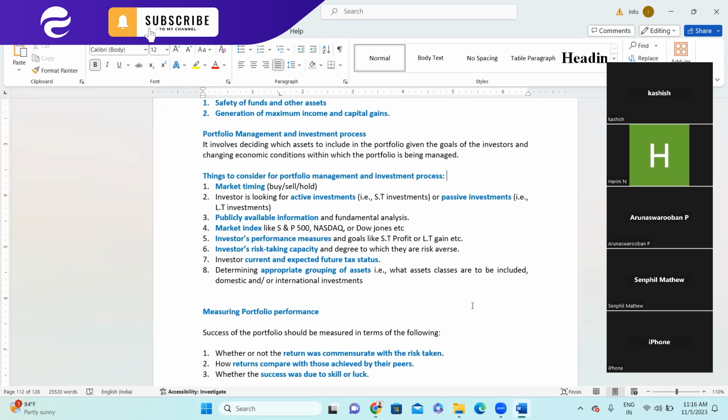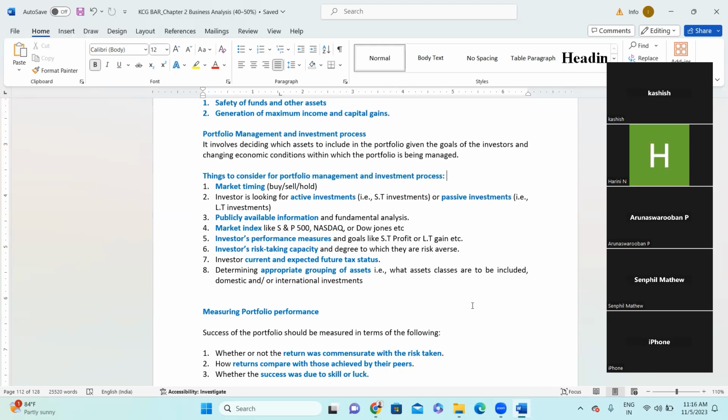So it involves deciding which assets to include in the portfolio given the goal of the investor, right? The goal may set the industry in which we need to invest. Second, what minimum ROI he or she is expecting, right?